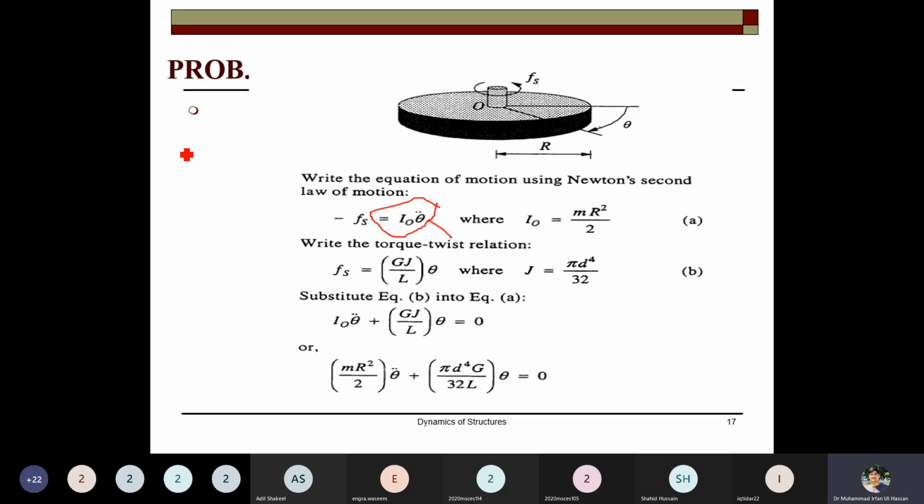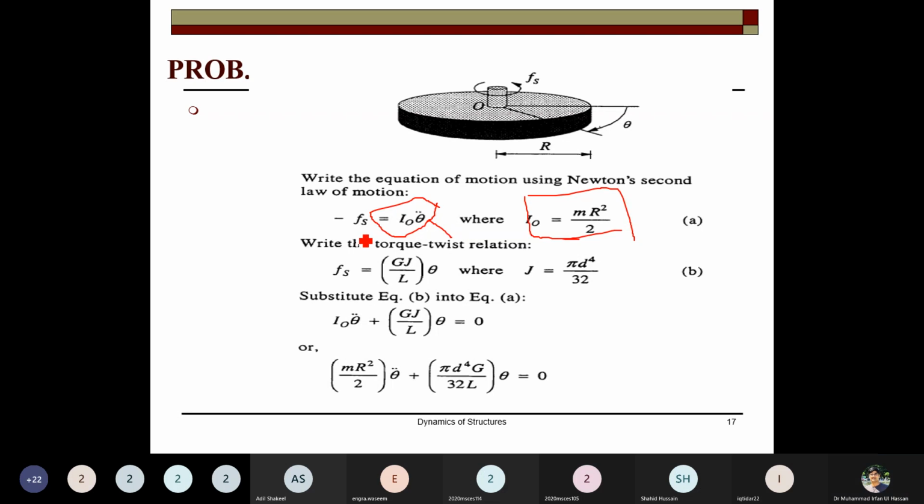From that radius of gyration you can compute the mass moment of inertia. For the circular disc it is mr square over 2. I can review after this slide how to compute the mass moment of inertia for the different systems.